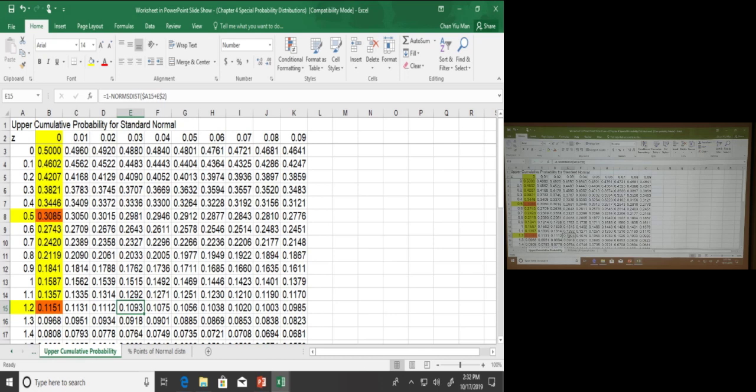So 1.234 is somewhere between 1.23 and 1.24. You take the closest, so maybe you take 1.23. Or you take the average of the two, the value under 1.23 and the value under 1.24. Which one is better? Average is better in this case.